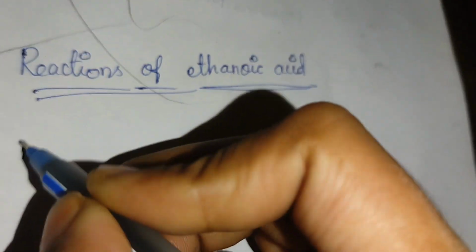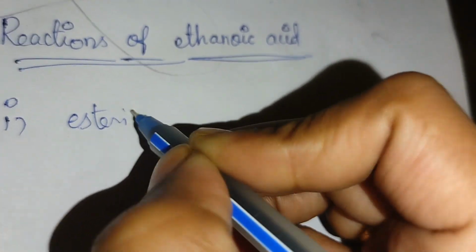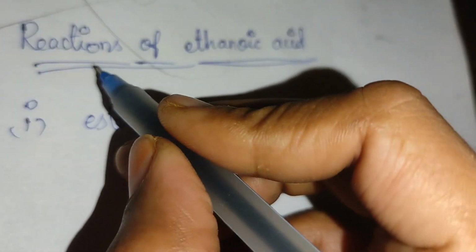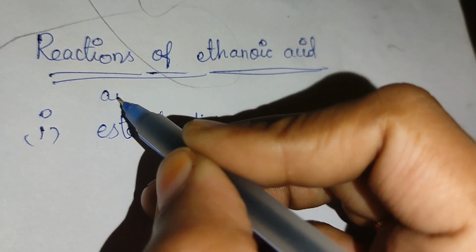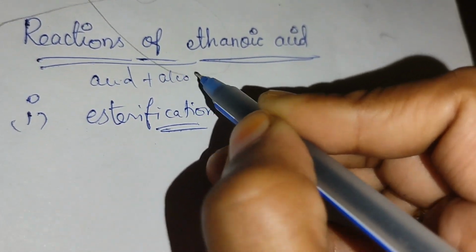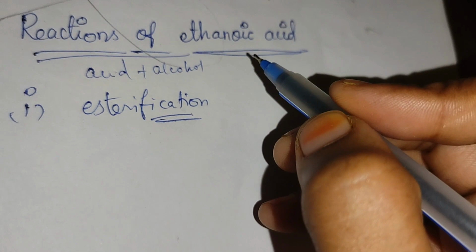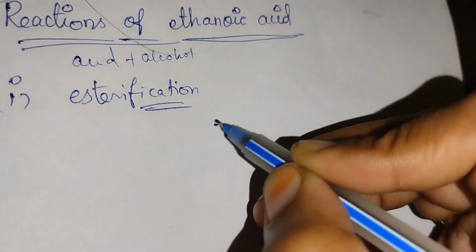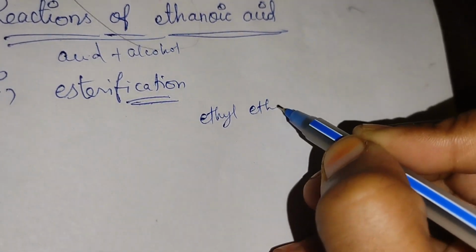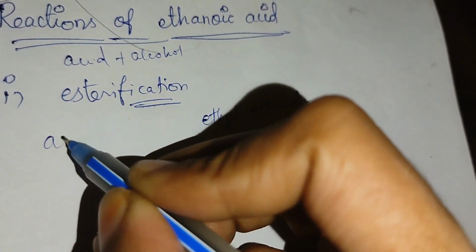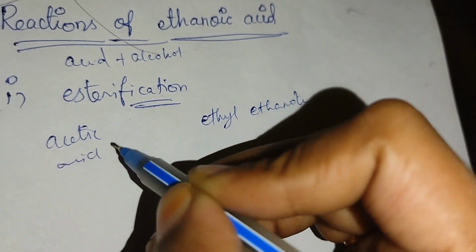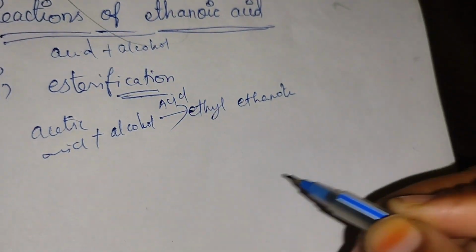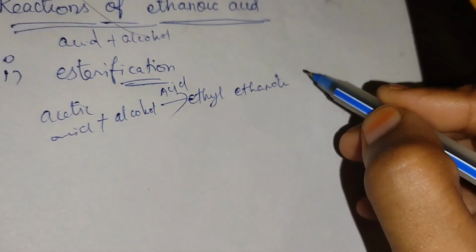The first reaction is esterification. The acid reacts with alcohol, that is ethanol, and gives an ester, ethyl ethanoate. This is the first reaction: acetic acid plus alcohol in presence of sulfuric acid gives this ester, and water comes out.